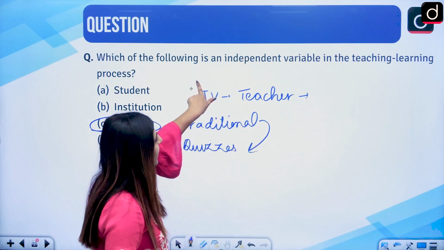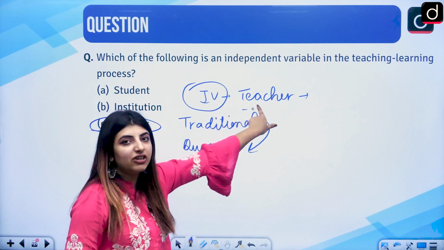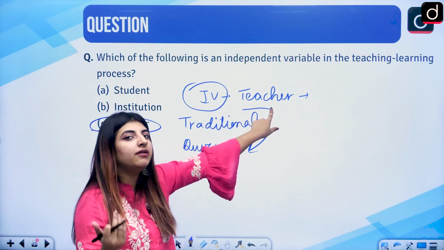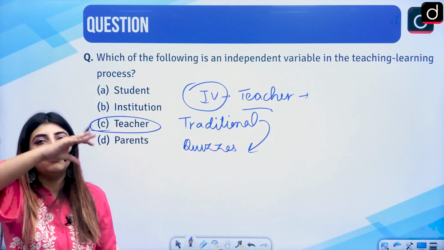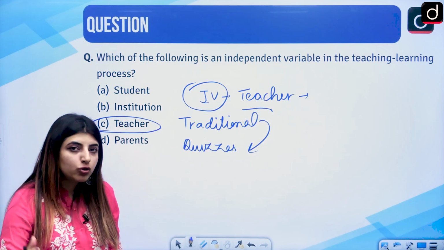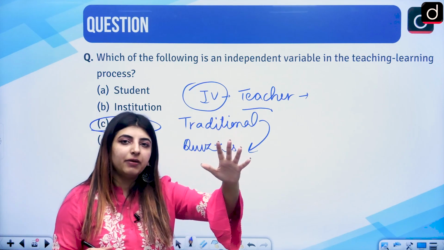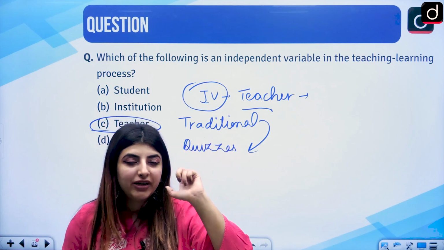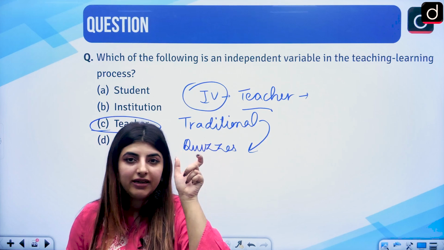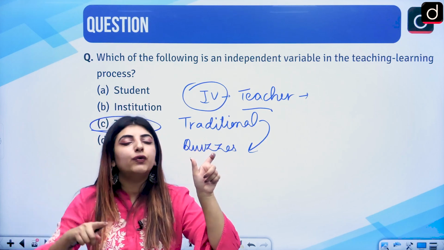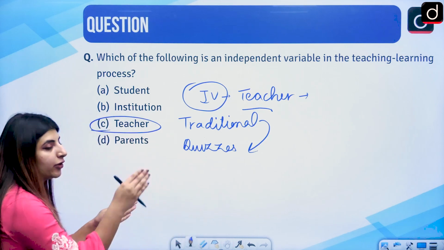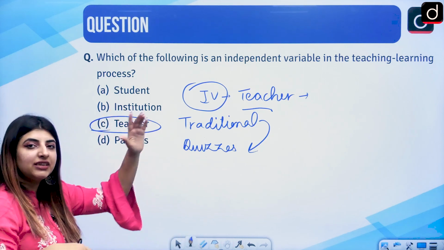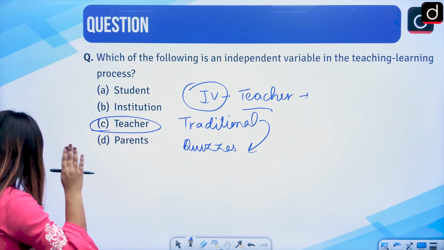So of course, it is the independent variable, because the teacher is changing her teaching styles, and that is having an impact on the students who are learning. So the teacher will be the independent variable, because we can make changes in the teaching styles. And of course, students will be the dependent variable, because on them we are measuring the changes made in the independent variable, that is teaching style.